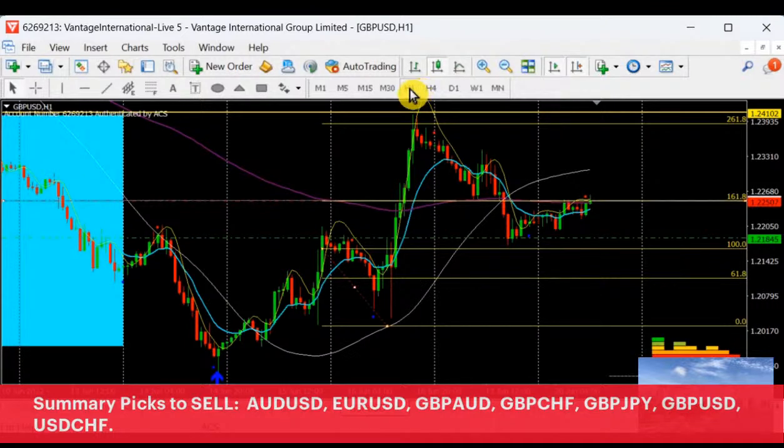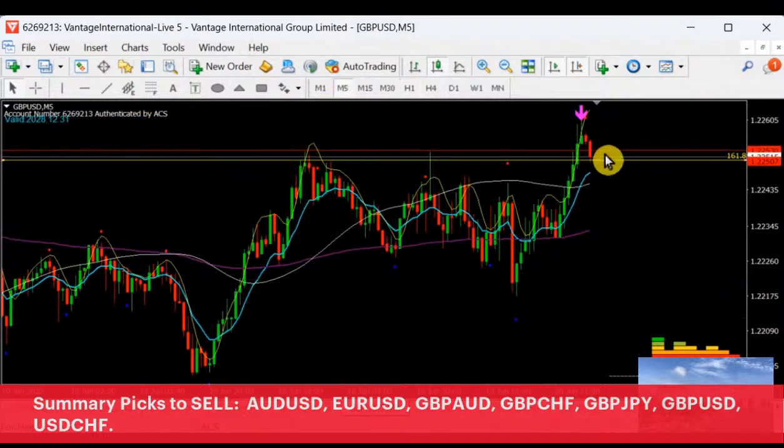Let's say if pound dollar breaks in here and retests the resistance once again, then probably that may be a good selling opportunity.